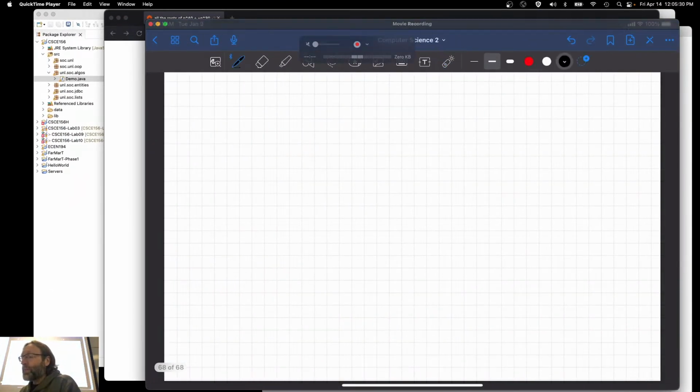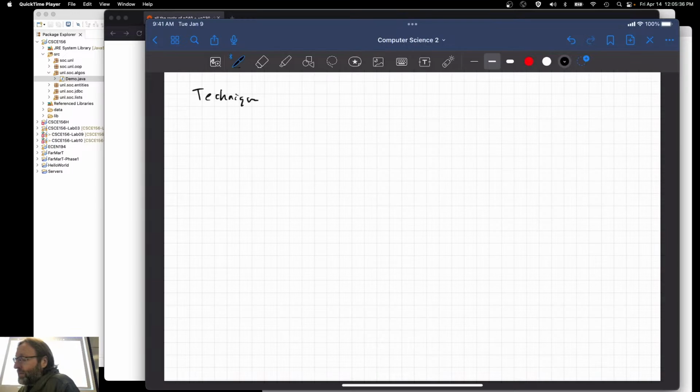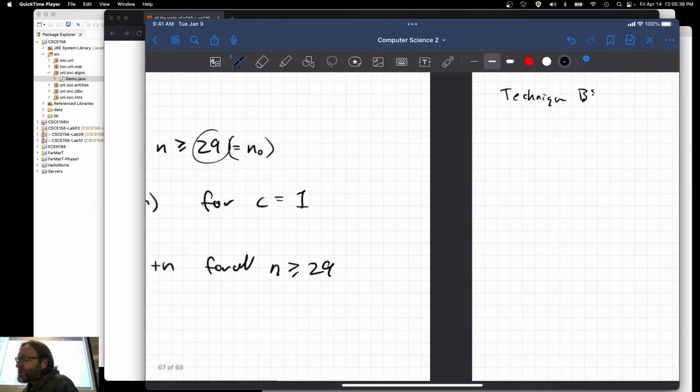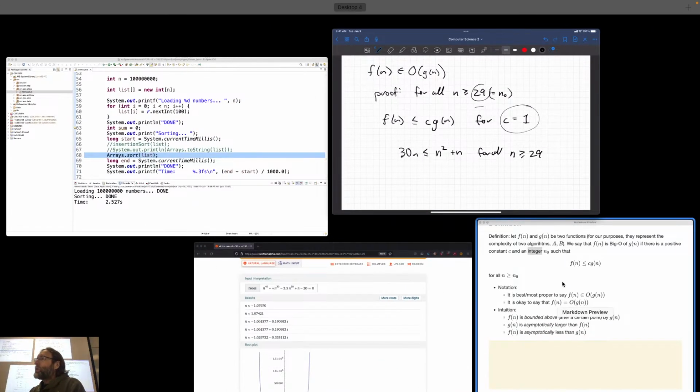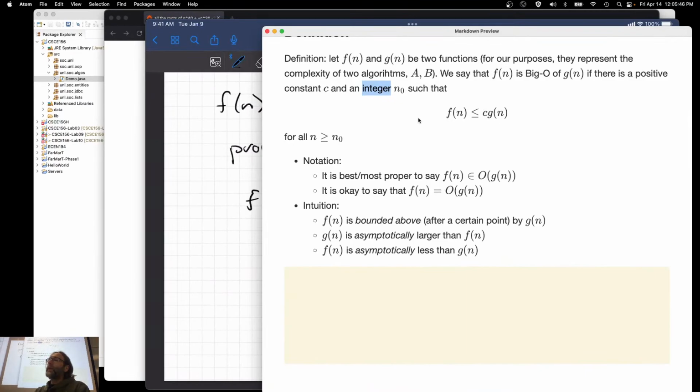Here's another algebraic proof technique, B, that I like a hell of a lot better. Right? In the first technique, what we did is we fixed C to be 1, and then we found n naught. There are two unknowns here, C and n naught. If you fix one, now you've got one unknown, one equation, you can find the other one.